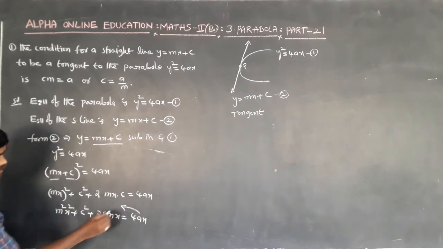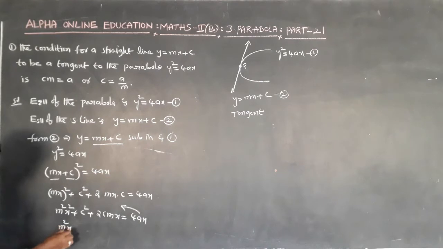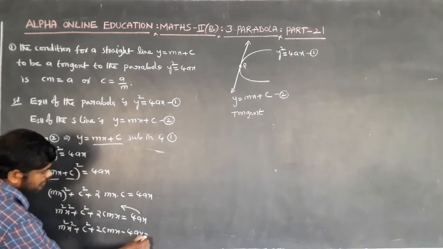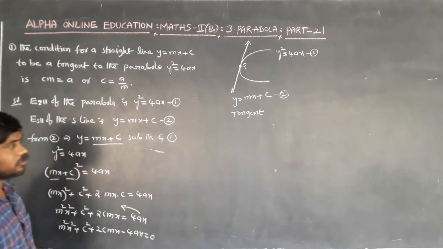Taking 4ax to the left side, m²x² + c² + 2cmx − 4ax = 0.